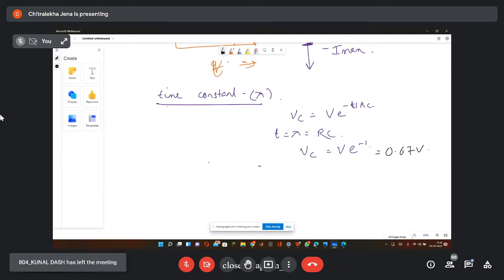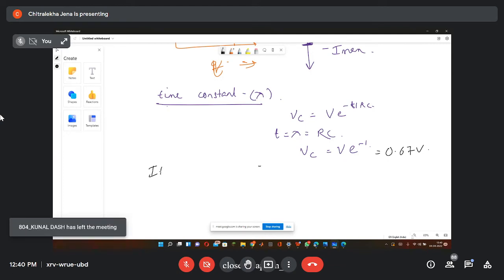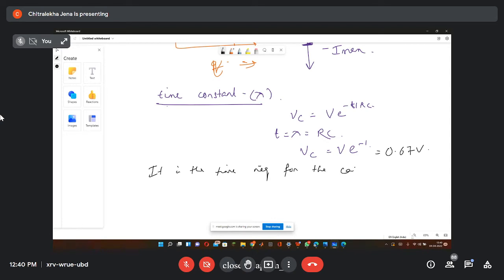It is the time required for the capacitor voltage to decrease to how much of its final value?